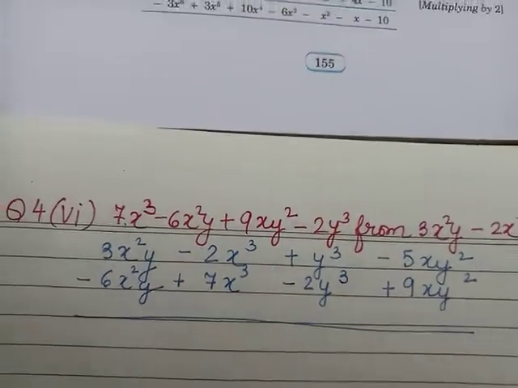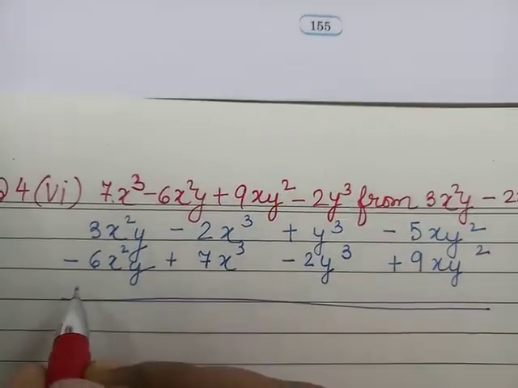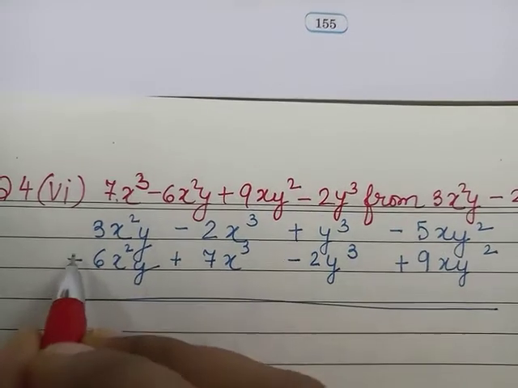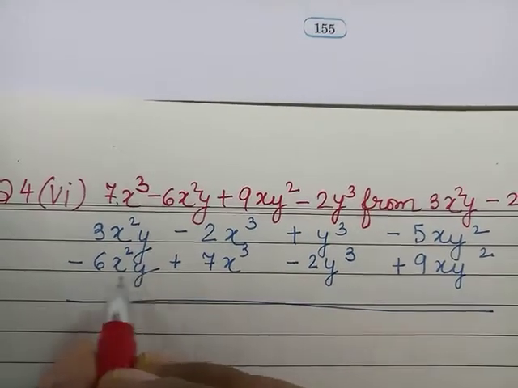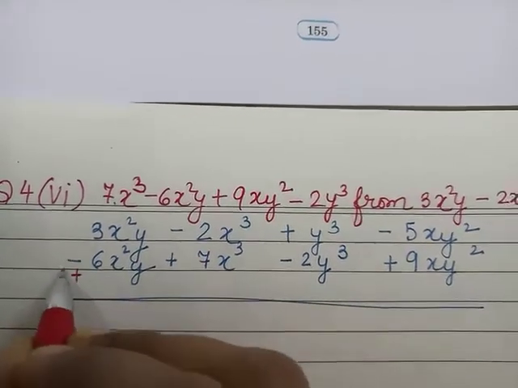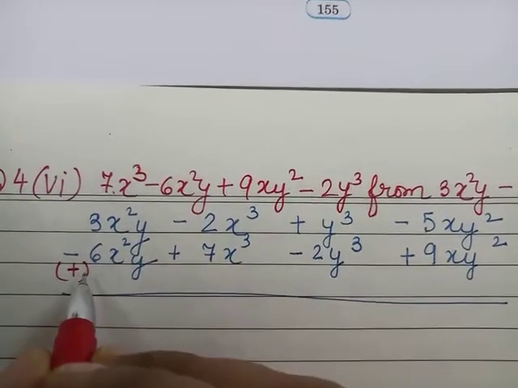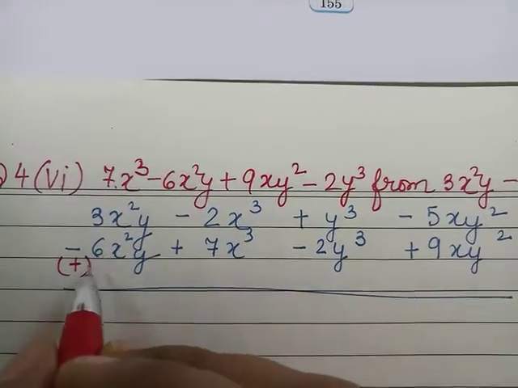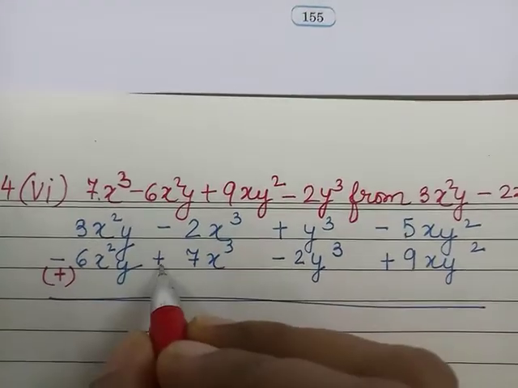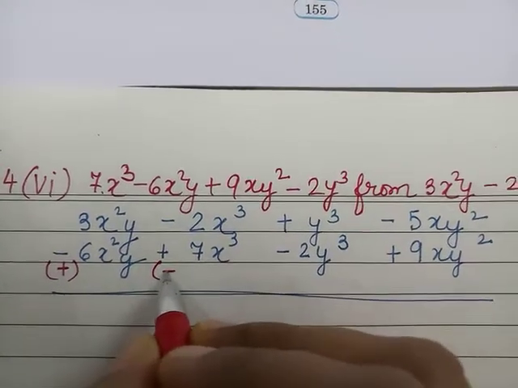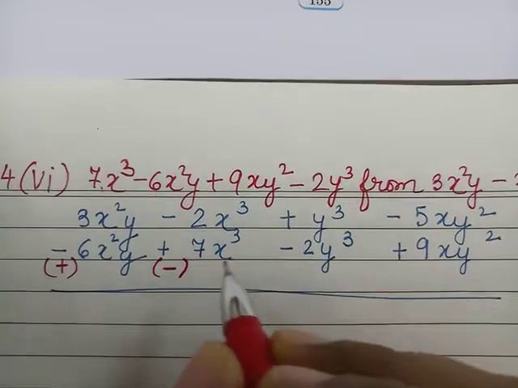Now it is subtract. So we change the sign of each term written in the second line. So this minus 6x square is becoming now plus. We have to consider that sign of 6 is now plus. This is minus, so sign will change now. It will become minus.